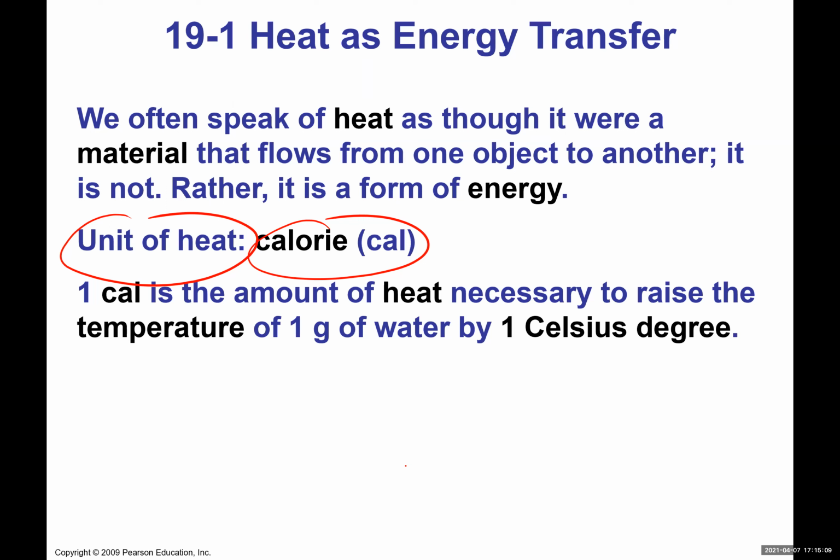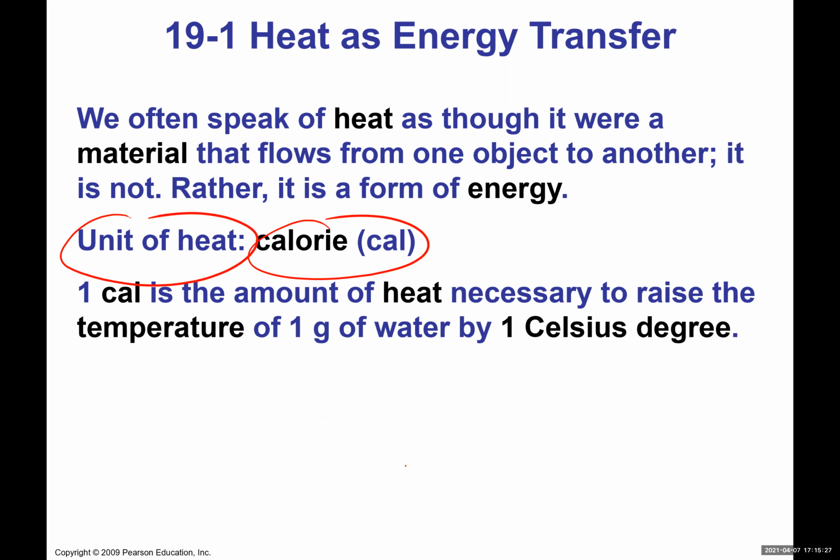If you want the temperature to go down by 1 degree Celsius, we remove 1 calorie equivalent of energy. And that basically will then decrease the temperature.